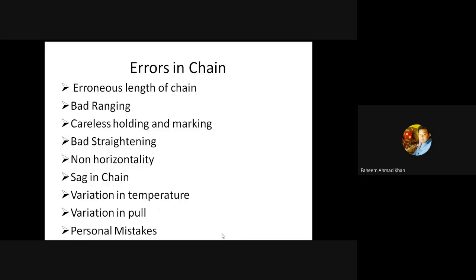So we will discuss them one by one. What do they mean? Let's start with erroneous length of chain or tape.